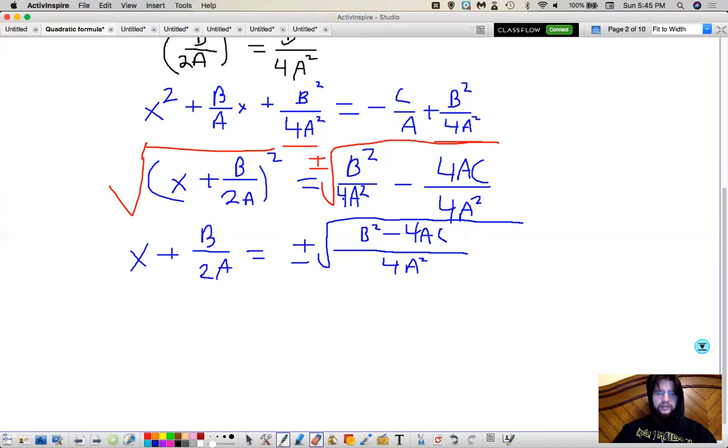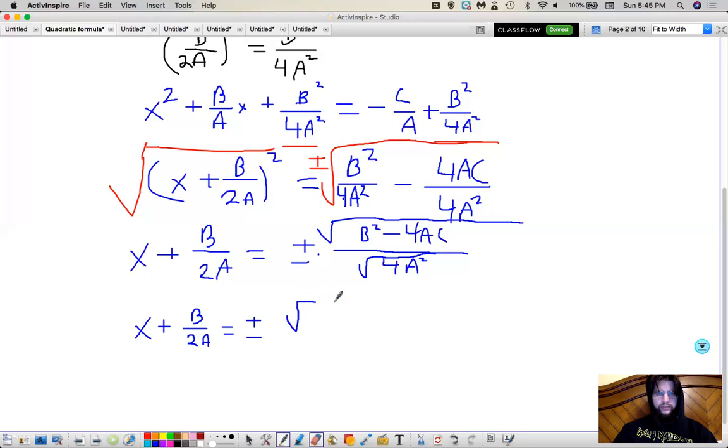I'm just going to copy this left side down one more time. The square root of the numerator is not nice, so I'm just going to leave it alone.